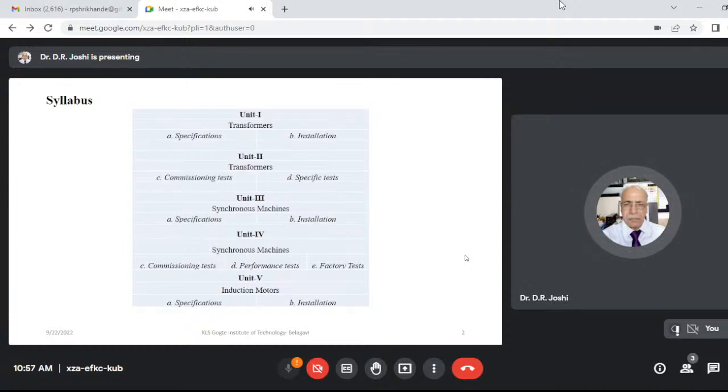Finally, unit 5 is completely dedicated to induction motors, their specification and installation. These are the three main things required for any big industries and power system substations. So this is the layout of the syllabus in crisp.